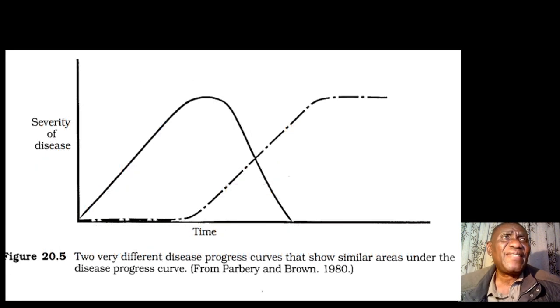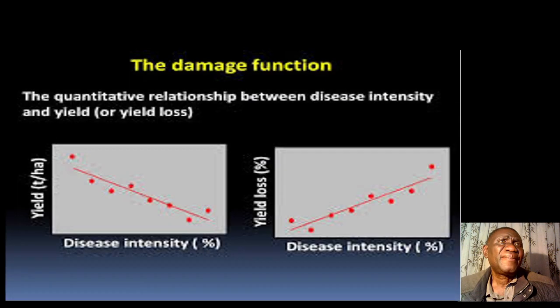Again, we also have these severity of disease graphs, which are showing the progression of severity with the time. So we can actually do a quantitative analysis where we relate the disease intensity and yield.